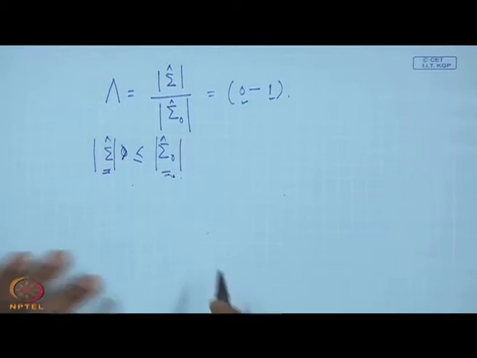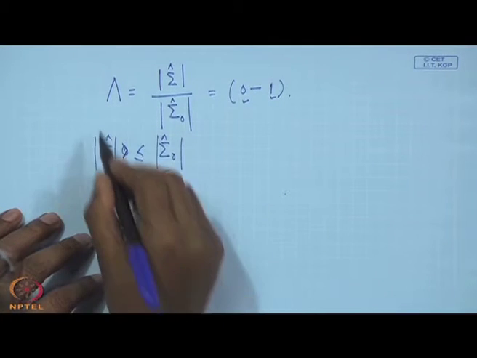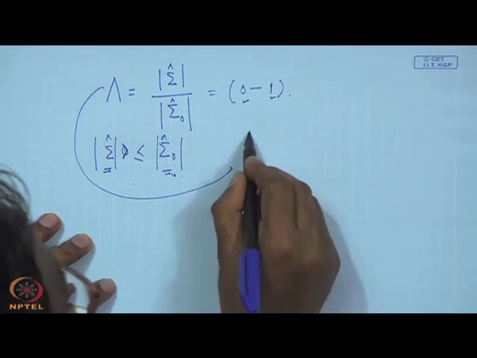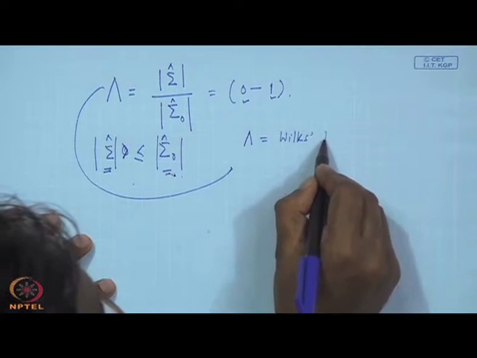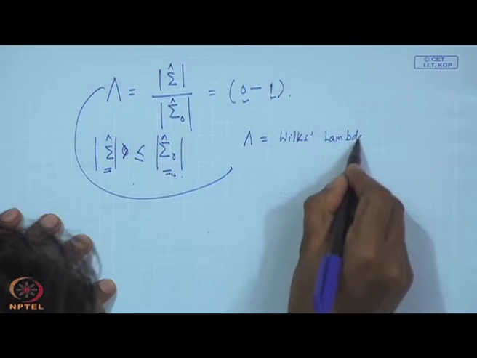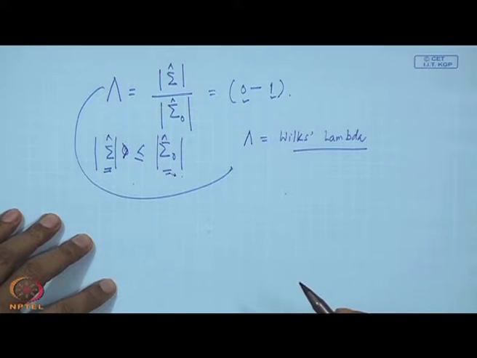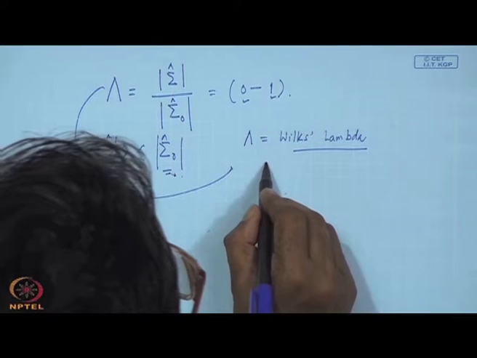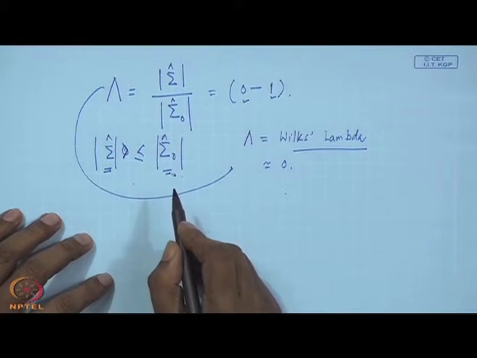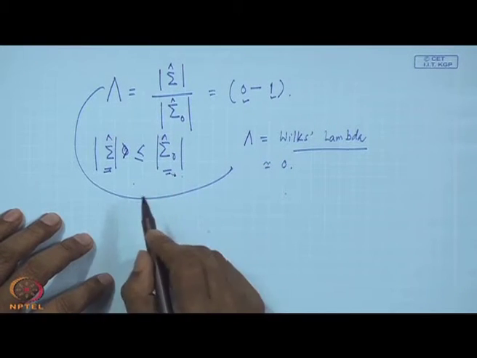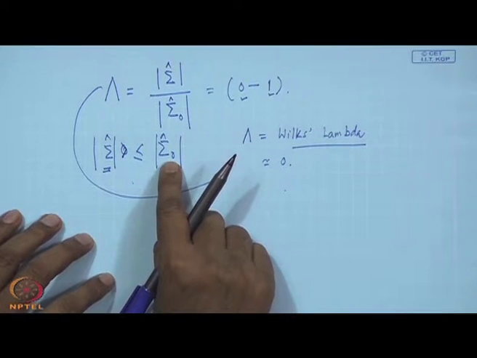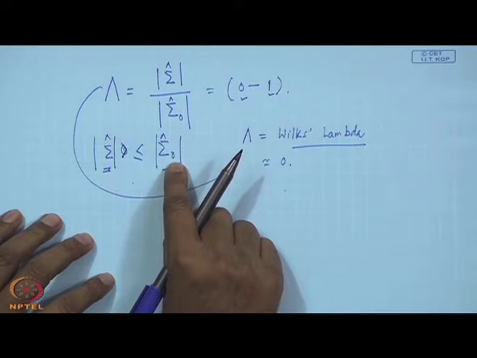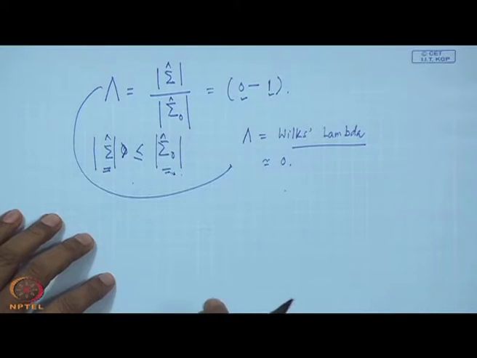Okay. So, if you find, what does it indicate? This lambda is known as Wilks lambda, that in a MANOVA you have tested. If this value is sufficiently close to 0, then what is it indicating? It is indicating that capital sigma cap 0 is much more than the full model sigma cap.